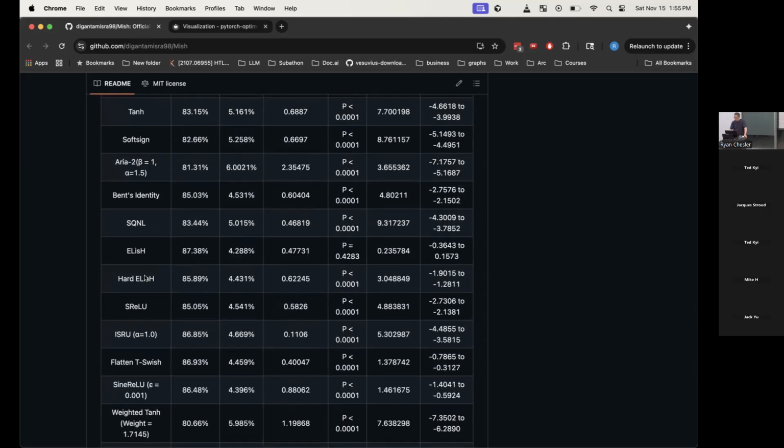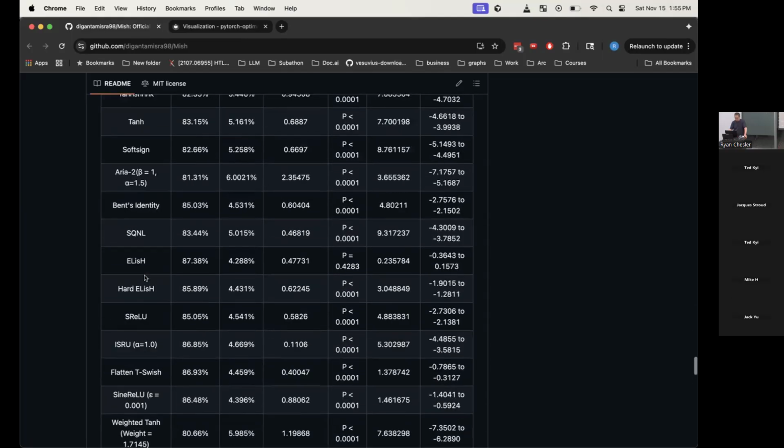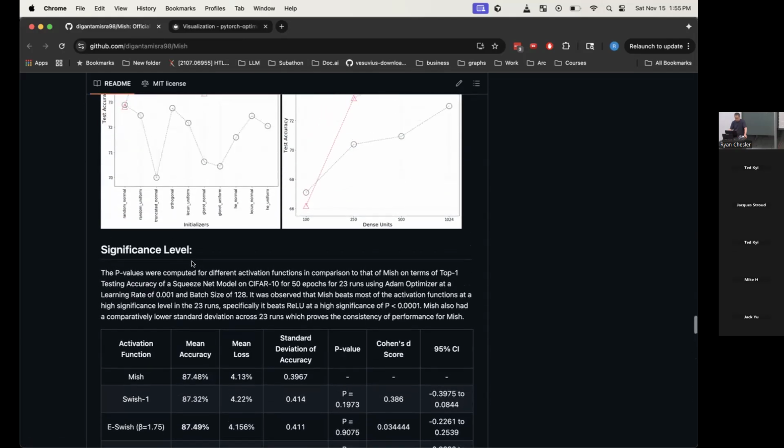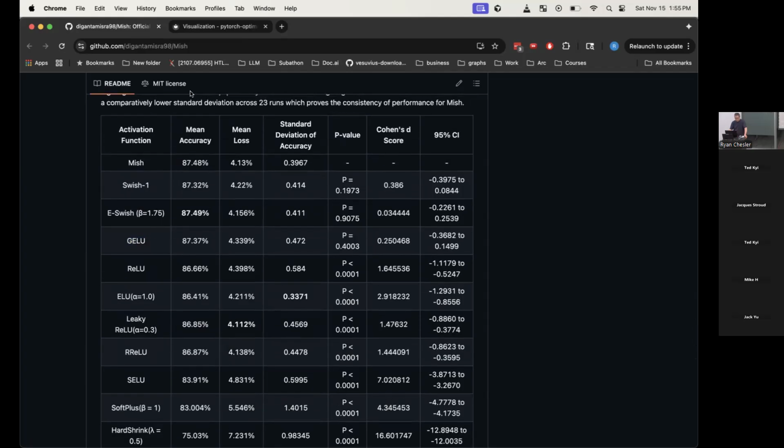Here's what the winners and the losers were. This is something that I look at somewhat regularly, just looking at what the best activation functions were. At this point, pretty much everyone just uses GELU, or however you pronounce that one. It's a solid default.